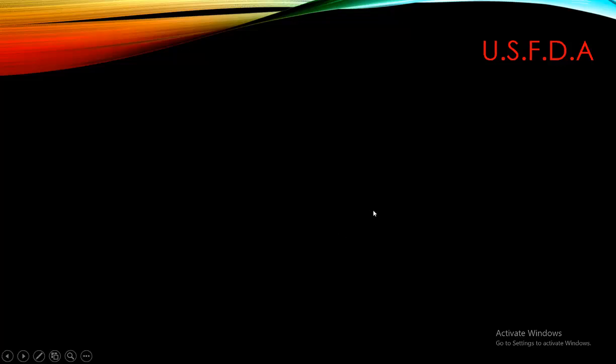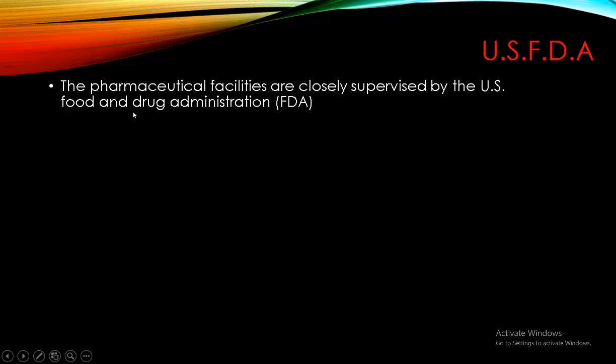Similarly in USA, US FDA is a department, which is US Food and Drug Administration department, which can supervise the pharmaceutical facility. So the pharmaceutical facilities are closely supervised by US Food and Drug Administration. This organization can ensure all the standards, and they can supervise the pharmaceutical facilities.